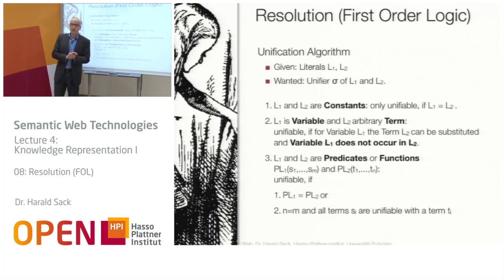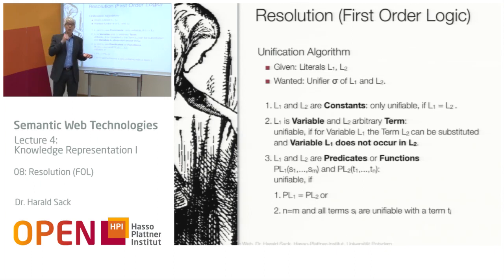So the unification algorithm works in the following way. Given two literals L sub 1 and L sub 2, what we are looking for is a unifier sigma for L1 and L2. We have to consider several cases. First case: L1 and L2 both are constants. Then they are only unifiable if L1 and L2 really are the same, when they are equal. Otherwise, you cannot do a variable substitution.